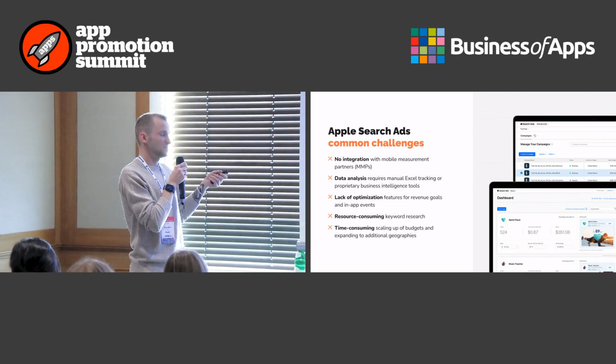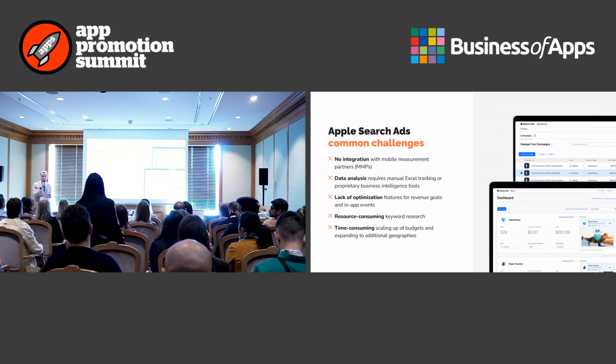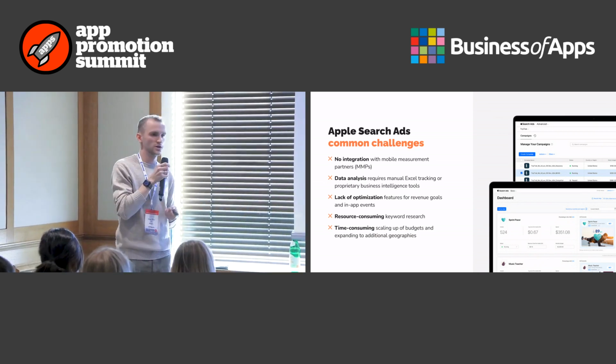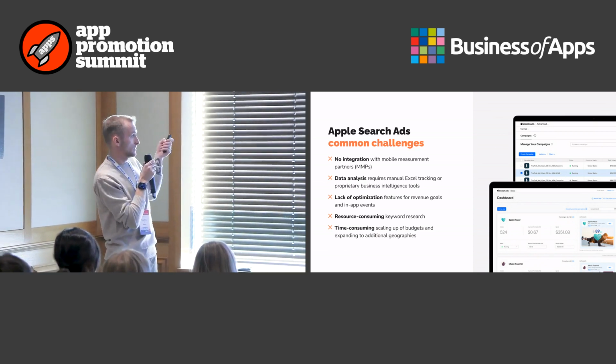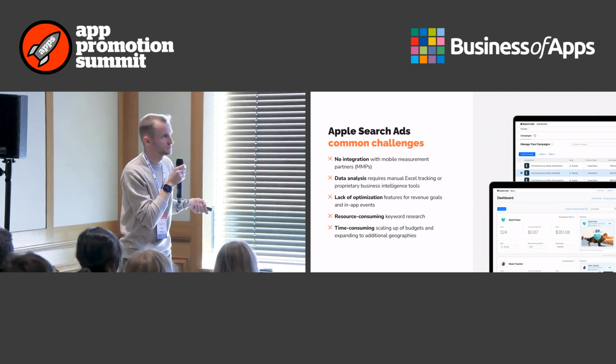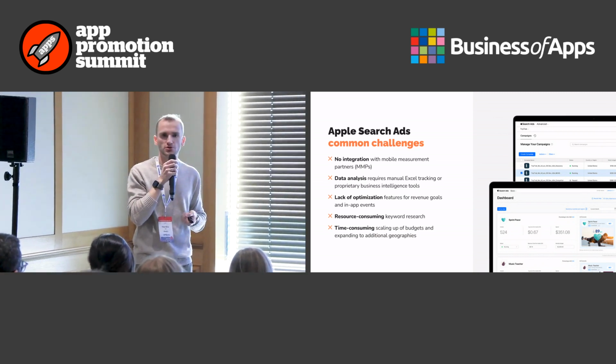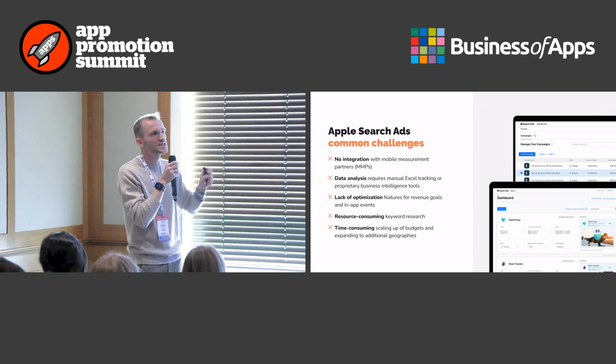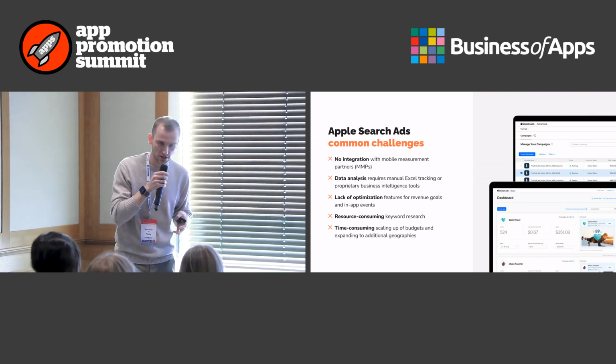And it doesn't have a lot of features to work with your campaigns, so you can only manually change your bids. So not too many optimization features. You need to spend a lot of time researching your keywords, because basic Apple Search Ads keyword research only shows you about 100 keywords per country.